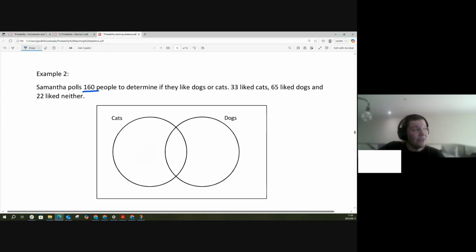There are 160 people that we sampled in total. 33 liked cats, 65 liked dogs, and 22 liked neither. But they haven't told us how many liked both. Good. Let the intersection equal X. Great start.